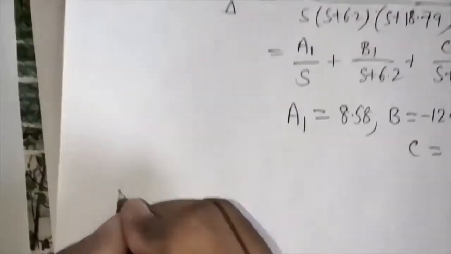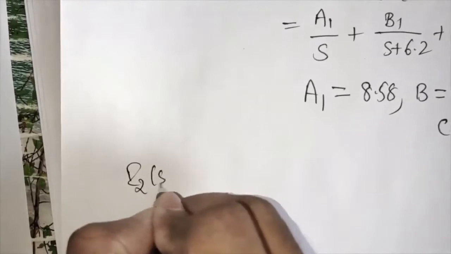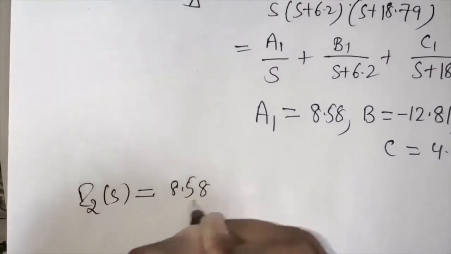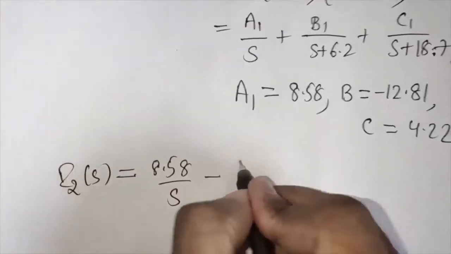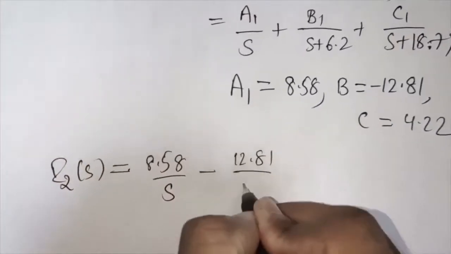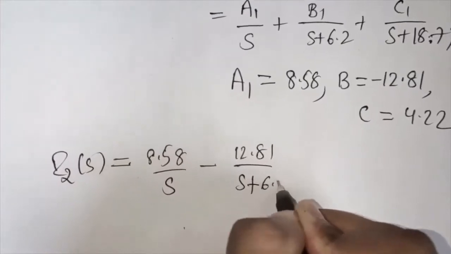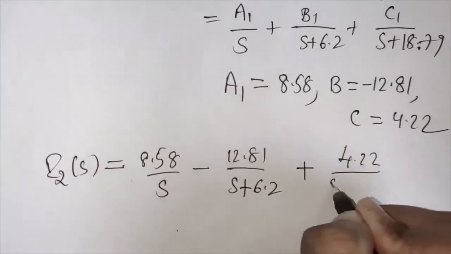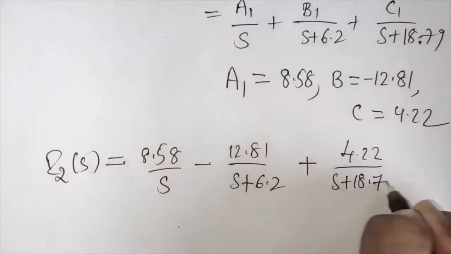So I2 of s becomes 8.58 by s minus 12.81 by s plus 6.2 plus 4.22 by s plus 18.79.